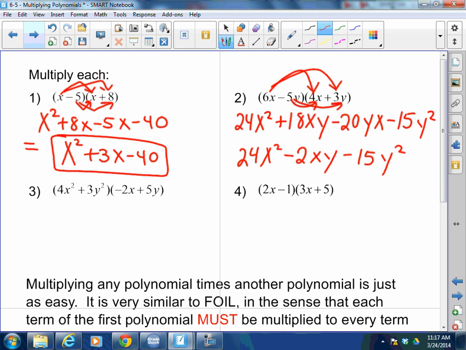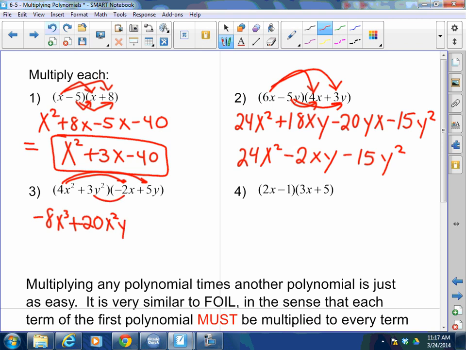Very good. Next, 4x squared times negative 2x. What you got there? No, negative 8x cubed. Sorry. Negative 8x cubed. Then 4x squared times 5y, plus 20x squared y.